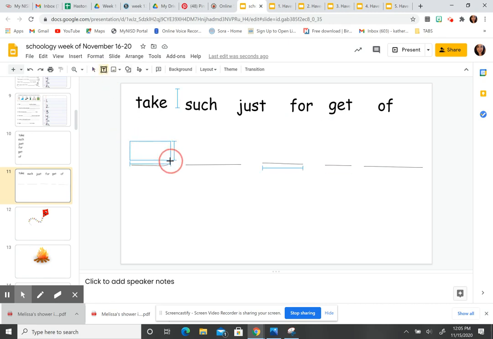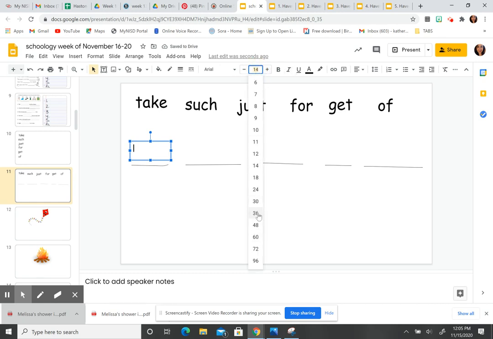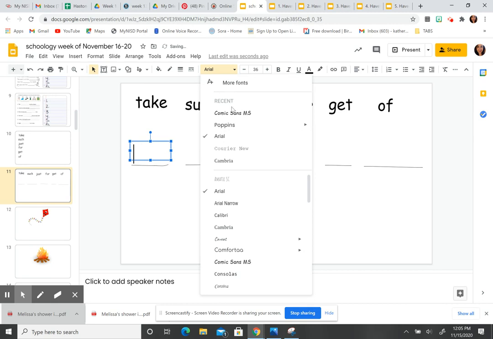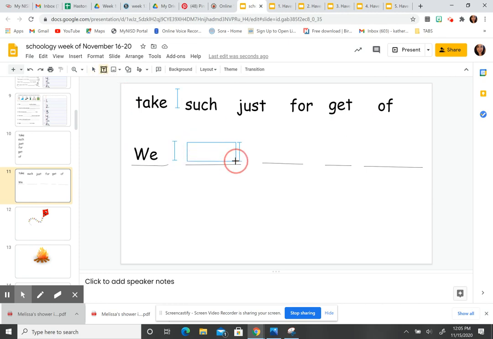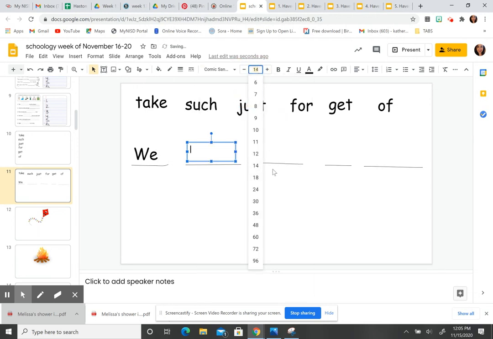We. To think about how you start your sentence, think about the sounds you hear in the word we. We. Get. Get has 3 sounds. G, et. Think about what letters you need to use to write g, et.